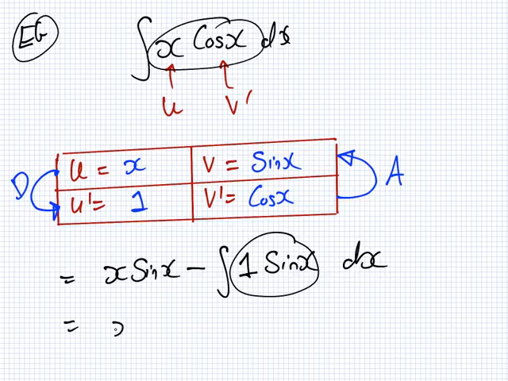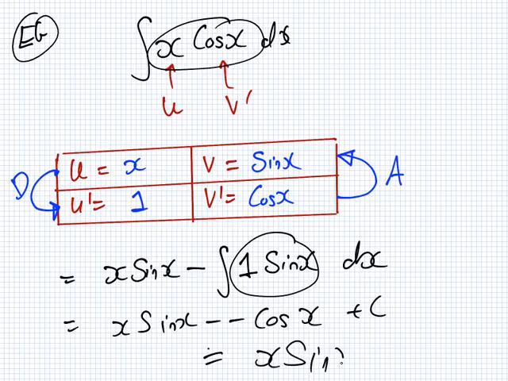Much easier, because this is just sin x, which becomes minus cos x when you integrate. So the answer is just x sin x plus cos x plus c. Okay, so that's the first example. Maybe you should write this down. We'll make more difficult ones now.